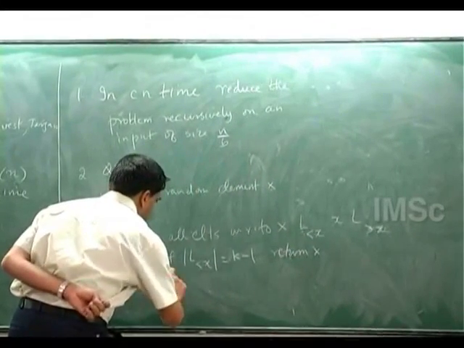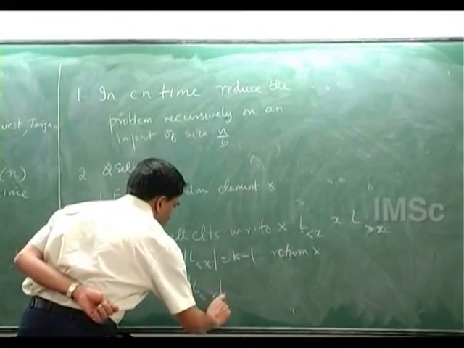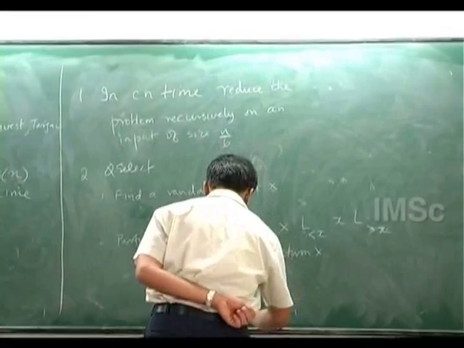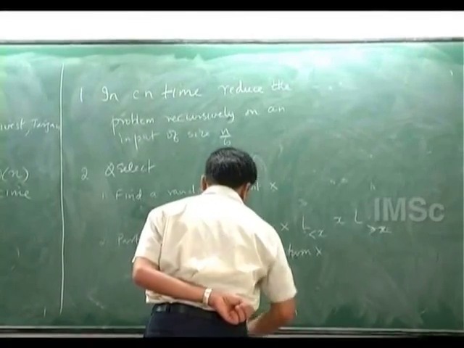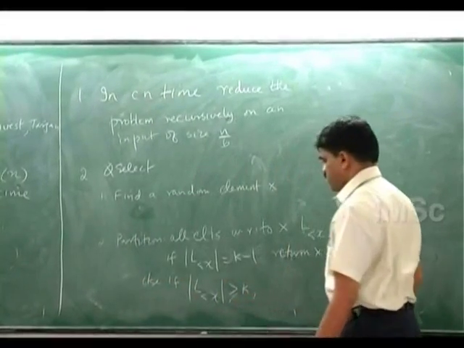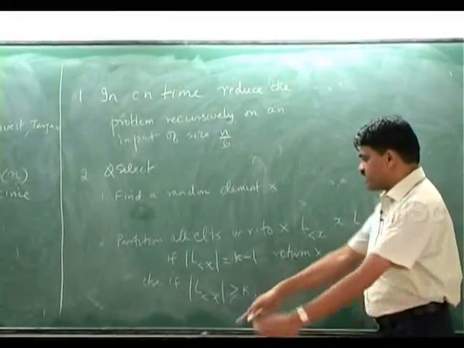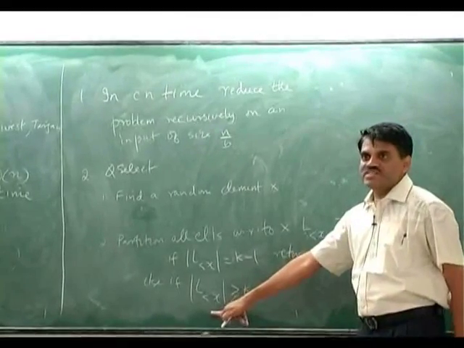Else if the size of L is larger than k minus 1, then I want to recurse in this portion. My kth smallest is inside here.